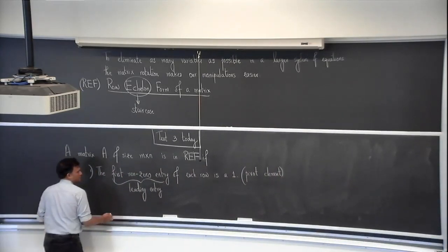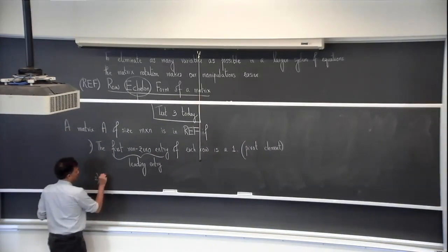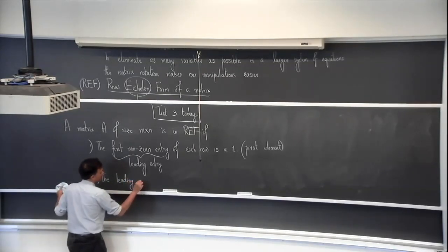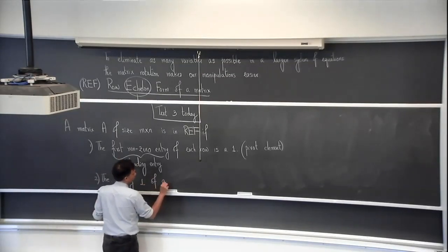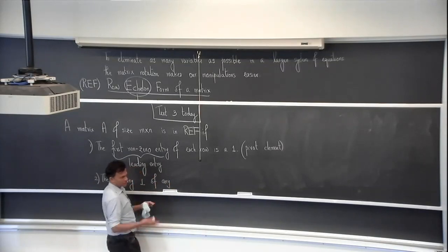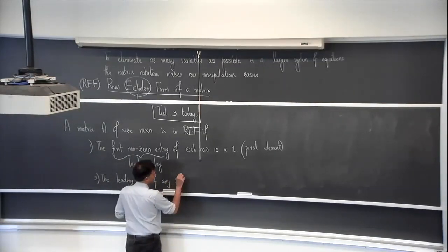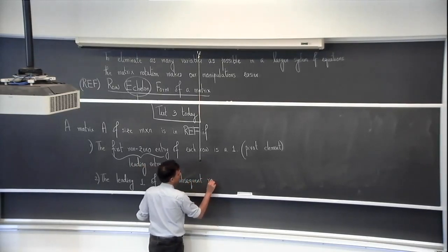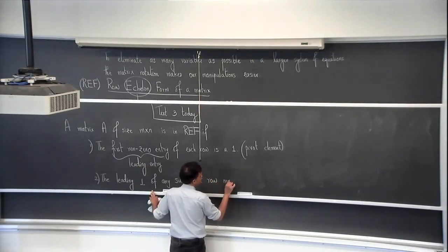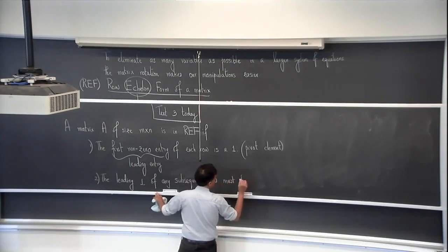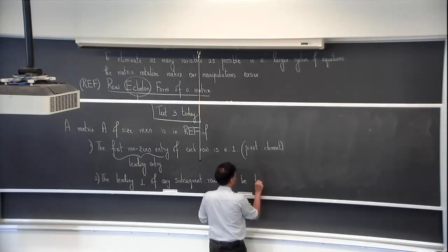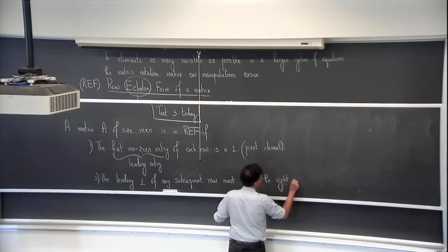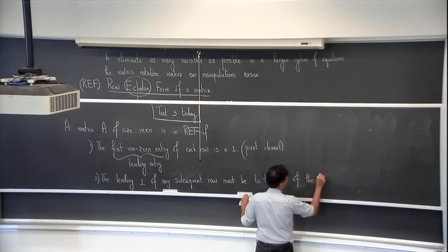Condition number 2: the leading one of any subsequent row, which means any row coming after it, must be to the right of the leading one above it.